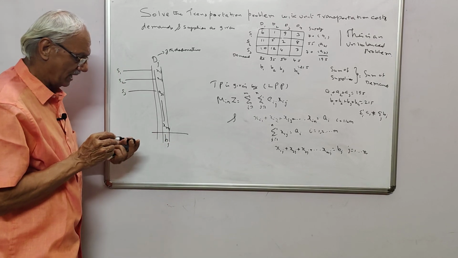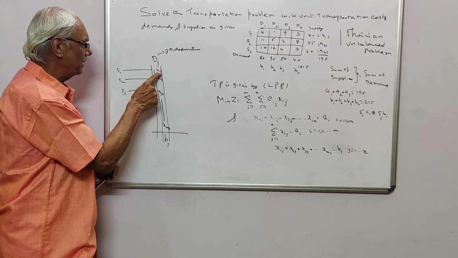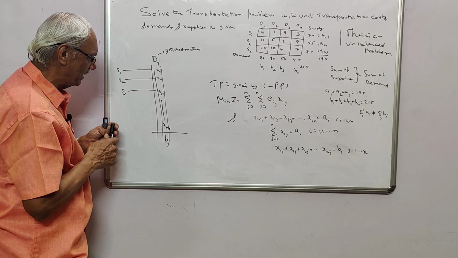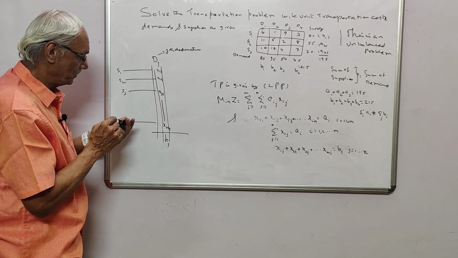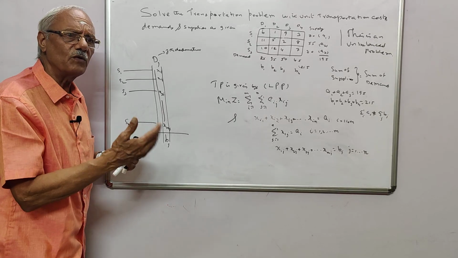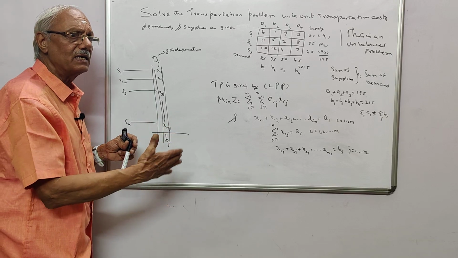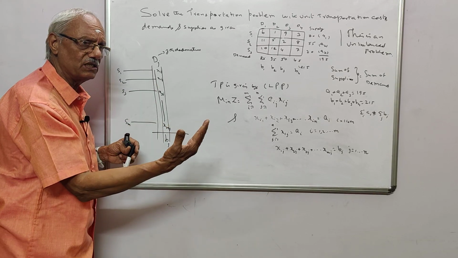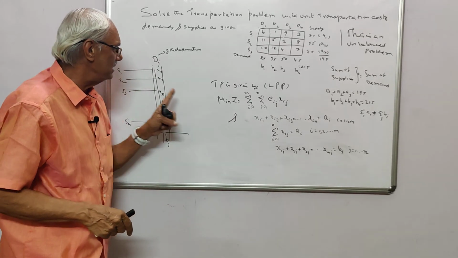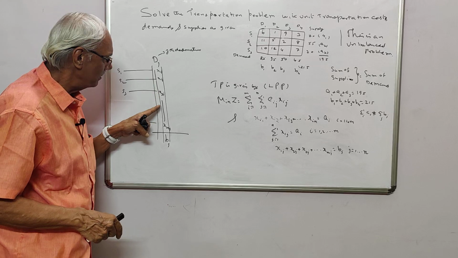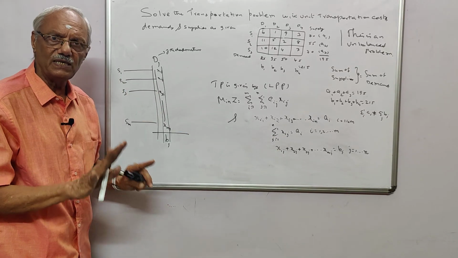Are you able to understand? I'll repeat this. There is a destination Dj. S1 can supply, S2 can supply, S3 can supply, and likewise the mth source can also supply. Some of them need not supply also, but in whatever way the supplies are made to the destination Dj, the sum of all these, X1j plus X2j plus X3j plus X4j up to Xmj, is equal to Bj only.